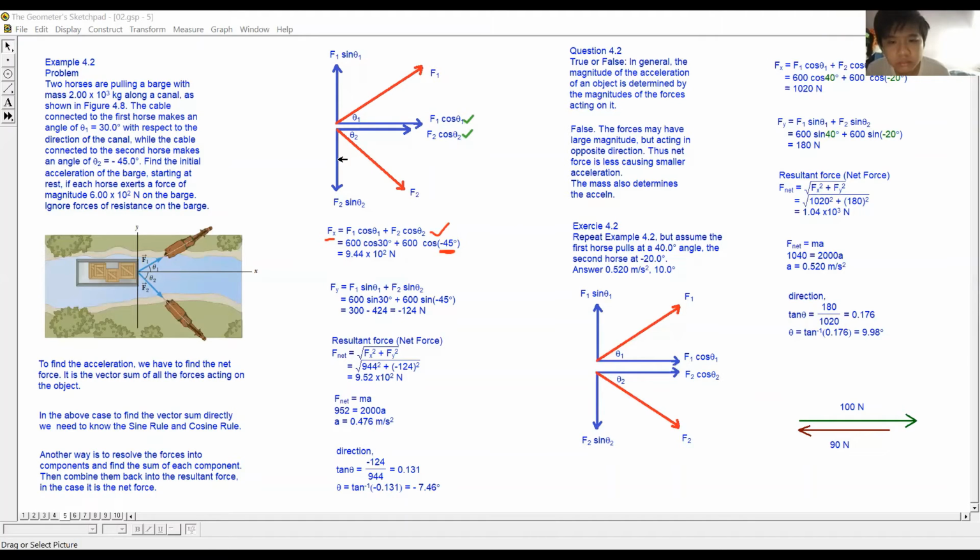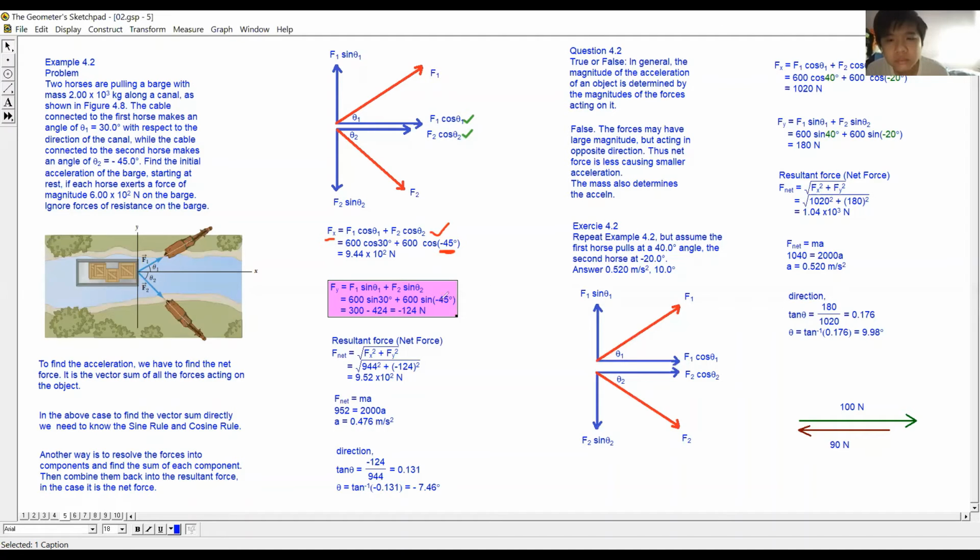These two are in the same direction, so I add them up: F1 sine theta 1 plus F2 sine theta 2. I substitute in the numbers. F1 is 600, F2 is also 600, but the angle is different. The first angle is sine 30.